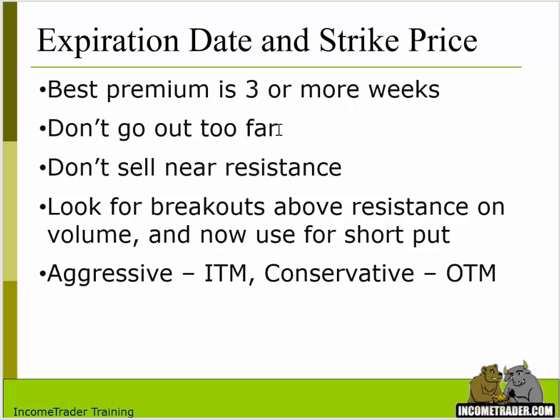If you go too far out, 2, 3, 4 months, then as each day ticks by and each weekend goes by, your premium should reduce. But in many cases, if you have gone too far out on the strike price that you sold, the premium does not reduce very quickly. So at about 21 days to expiration, we're getting some of the best theta reduction in options premium. That's what we're going to look for.